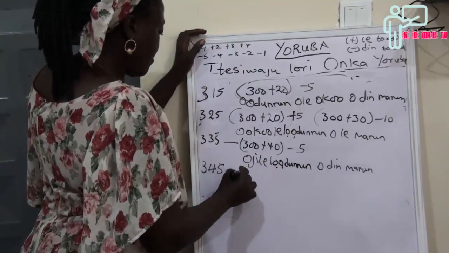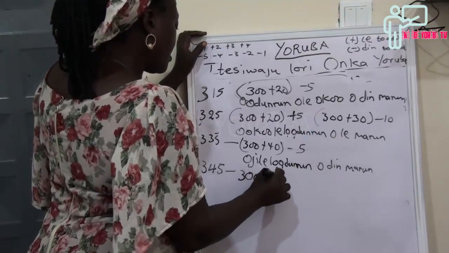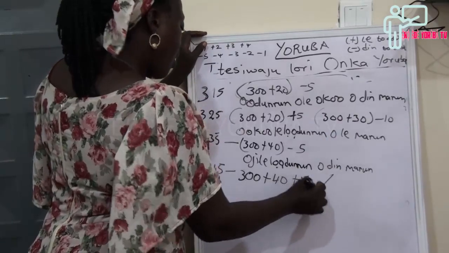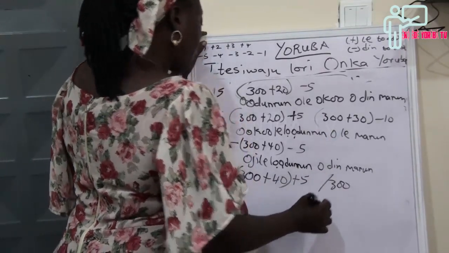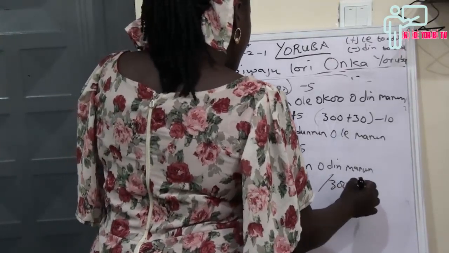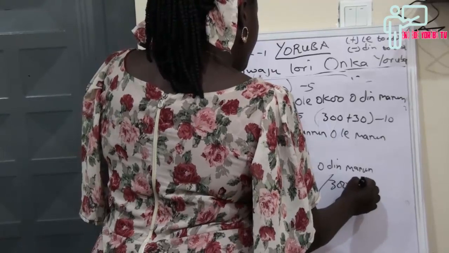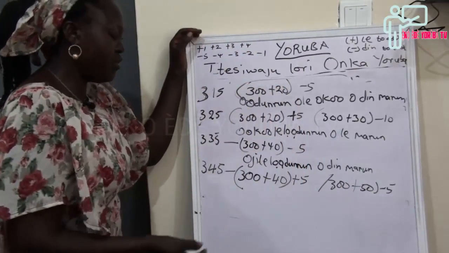It's still the same thing. It's either of the two. 300 plus 40 plus 5. Or you say 300 plus 50 minus 5. Either of the two.